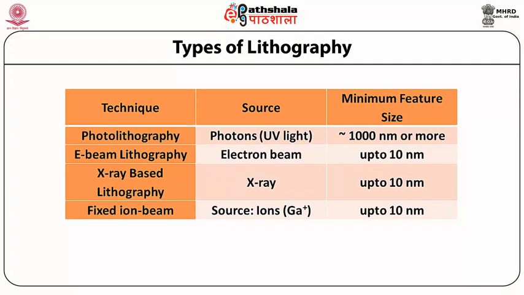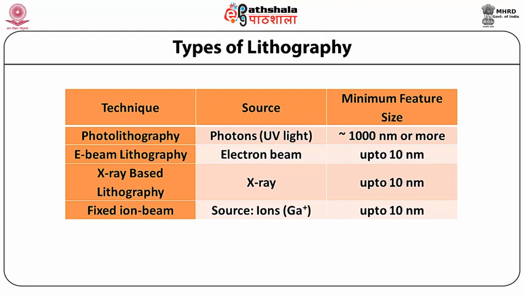Here a few key micro nanofabrication techniques are summarized in the table depending on the sources used. In photolithography, photons are the source, and the minimum feature size we can go to is 1000 nanometers or more. In electron beam lithography, the sources are electron beams with different energies, and we can go up to 10 nanometer feature sizes.